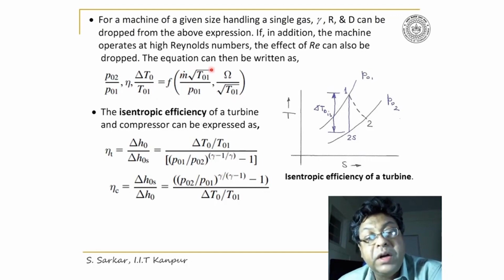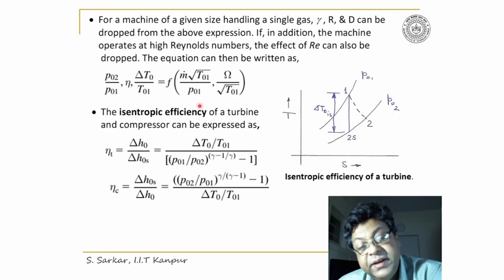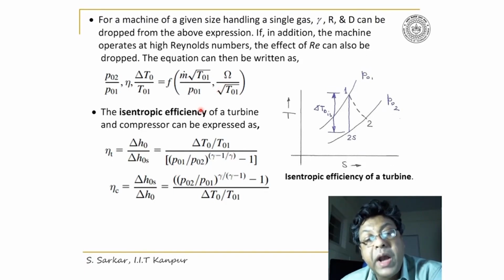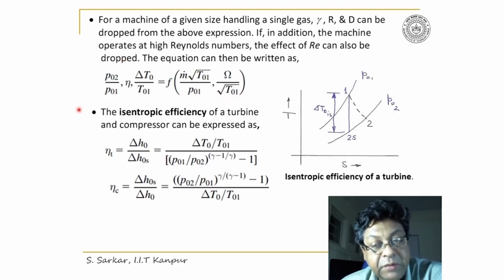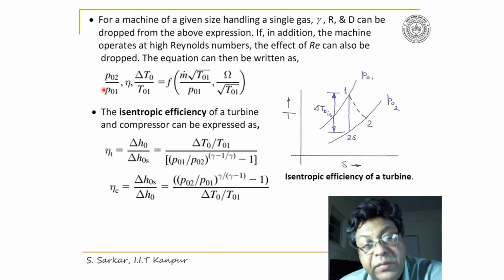Now m dot root over T01 by P01 represents the flow capacity and omega by root over T01 represents the speed of the machine. So this is a simplified relation for a particular machine. From this relation, I can now establish how the pressure rise or the temperature rise will change with mass flow rate and speed of the machine.